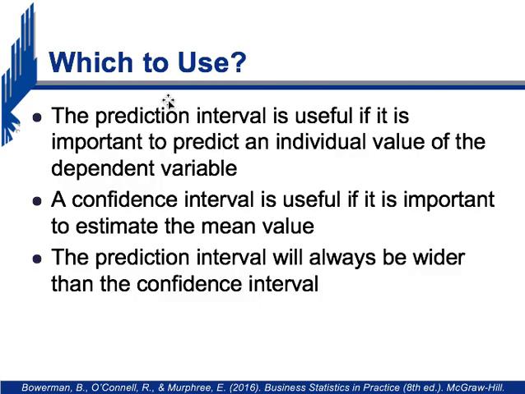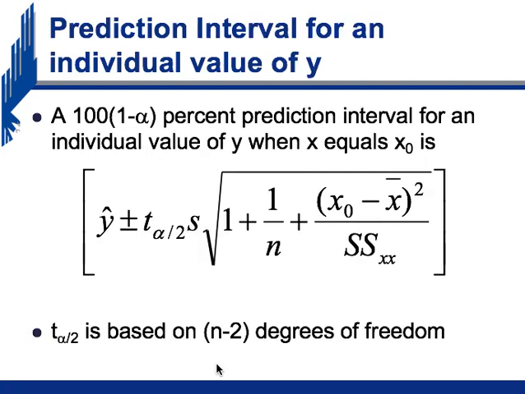So again, the prediction interval is useful if you want to predict the individual value of the dependent variable y. While a confidence interval is useful if you want to estimate the value for the average of y. So the prediction interval will always be wider than the confidence interval because again, we are interpreting for an exact value instead of an average, and mathematically that's because we are adding 1 to the formula.